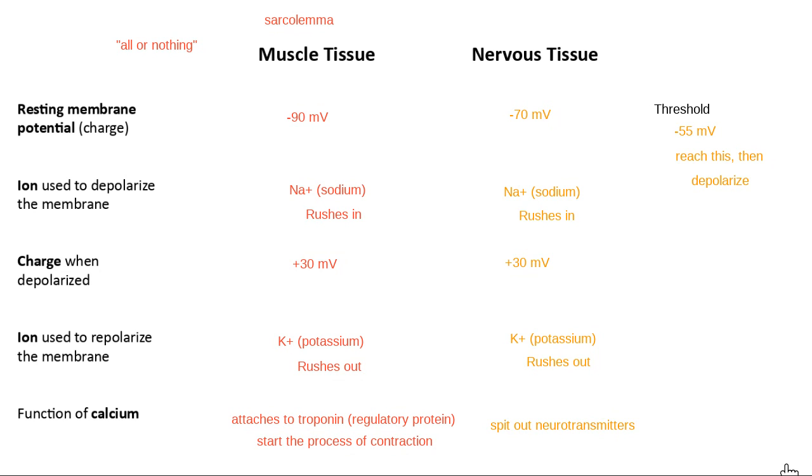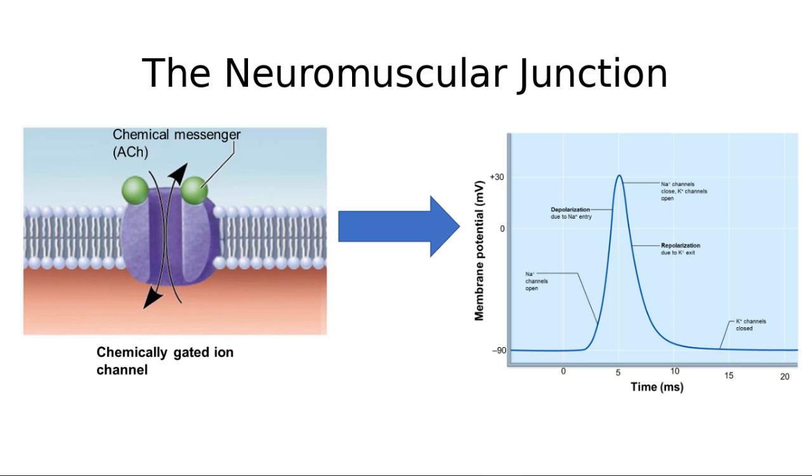Okay, so since we've talked about these ions involved in muscle tissue and nervous tissue, I want us to relate this to the things that we talked about. This is lesson number 9. You have this picture in your lesson number 9 packet.